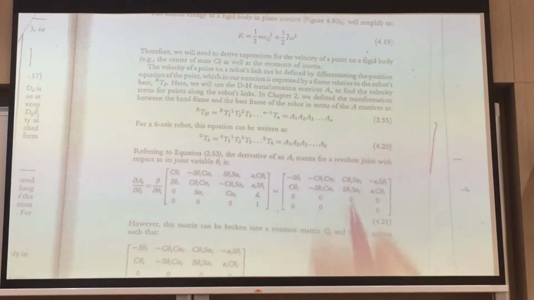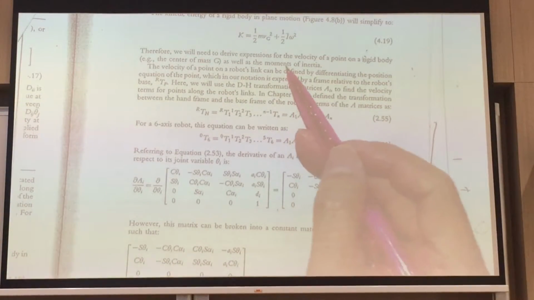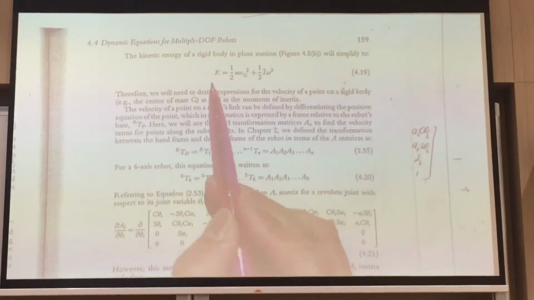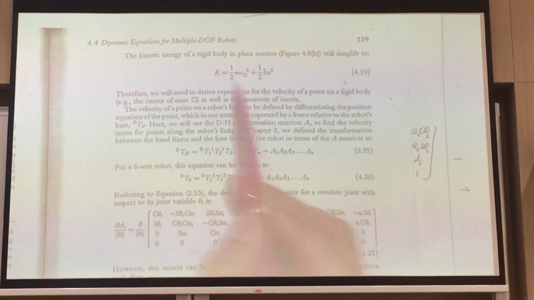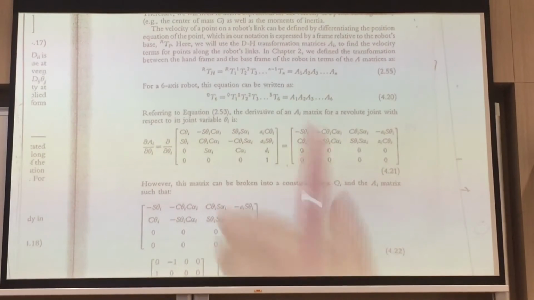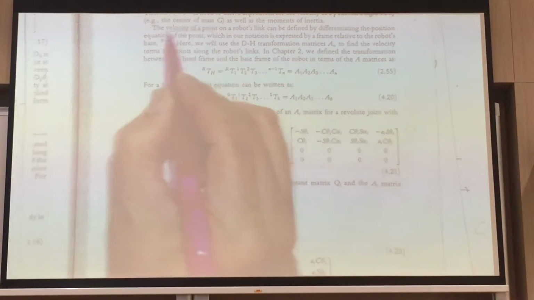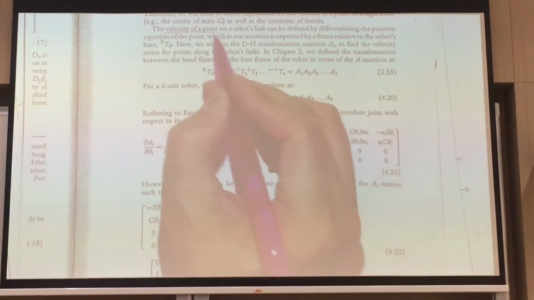Okay, this is extracted from your textbook. So we start from the kinetic energy formula, then we talk about the velocity of a particular point on the robot link.